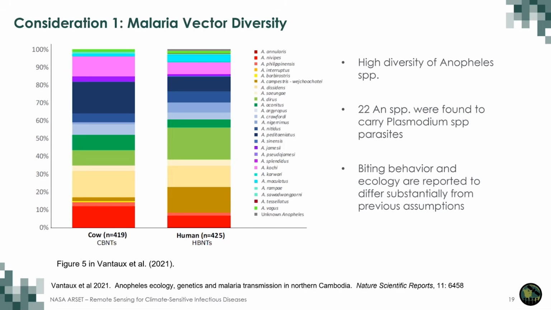We have a large number of Anopheles species, more than two dozen of them are found to carry Plasmodium parasites, and those are going to be your malaria parasites. And more importantly, the biting behavior and ecology are reported to differ substantially from the typically assumed nighttime biting within enclosed areas, right? So the very first thing to consider is what is your vector diversity and what's the biting behavior?